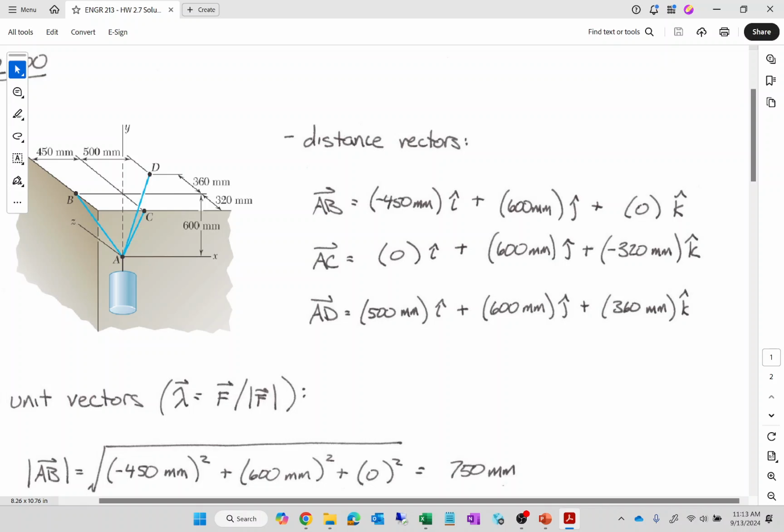So for example, I have vector AB, AC, AD. Along the y-axis, does everybody see that they're going up 600 newtons? Or sorry, 600 millimeters. So 600 is the term on every single y component. Does that make sense? Okay.